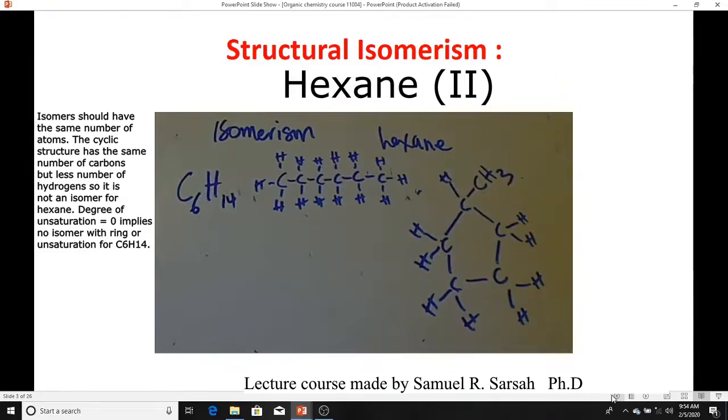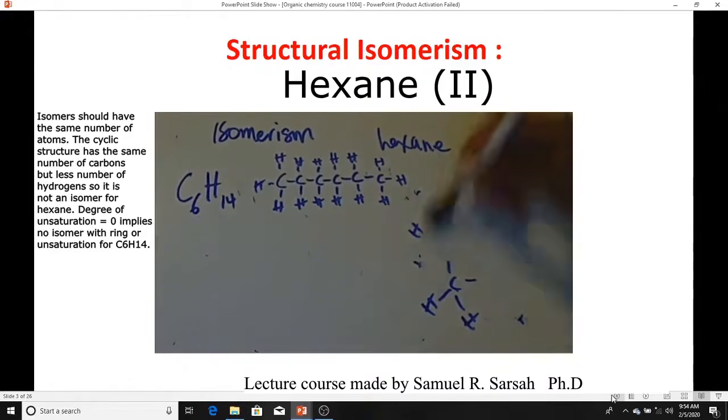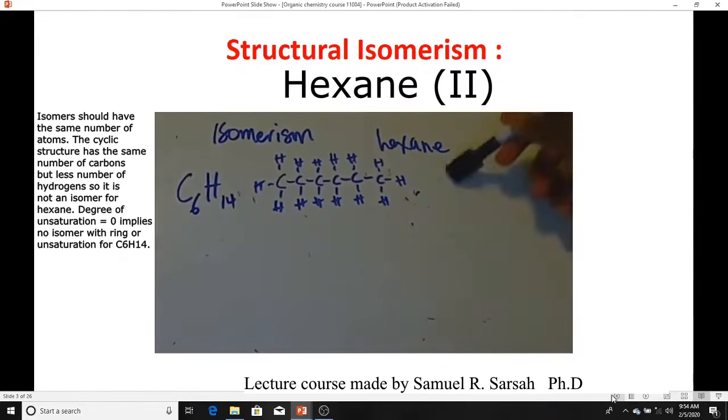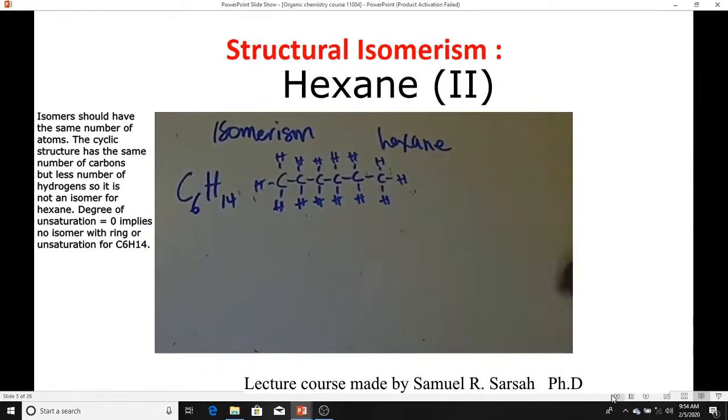So this doesn't give us 14. So obviously a cyclic structure like this cannot be a structural isomer of hexane. Even cyclohexane is not a structural isomer of hexane, because cyclohexane is C6H12.